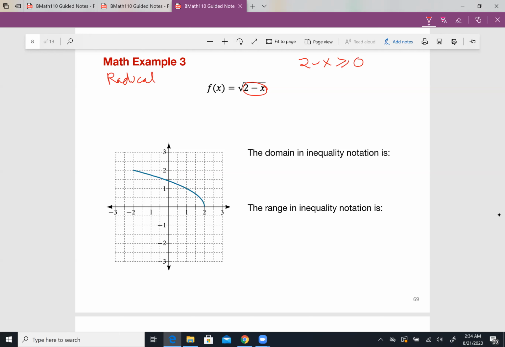To solve this inequality, I subtract both sides by 2, and then I have negative x greater than or equal to negative 2. Then I'm going to multiply both sides by negative 1, because I'm looking for x.